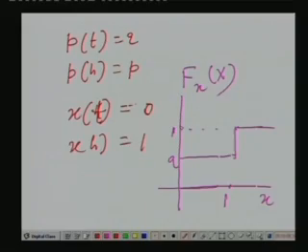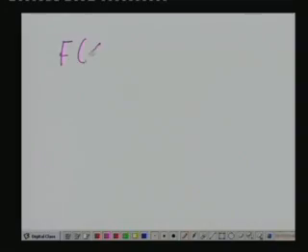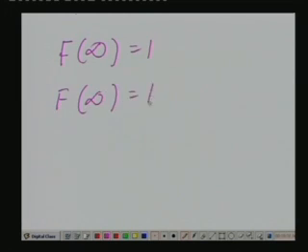This probability distribution function has some very important properties. Let us examine those properties. Firstly, F of infinity is equal to 1. Now, why is F of infinity equal to 1? It is because F of infinity means P of X less than or equal to infinity.